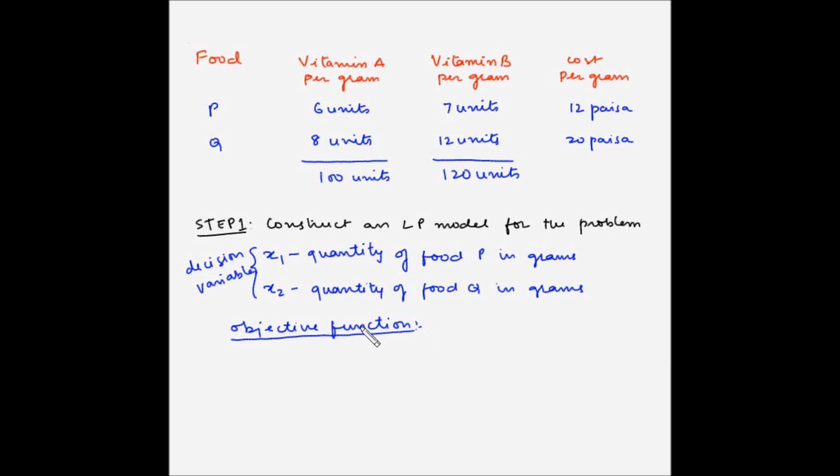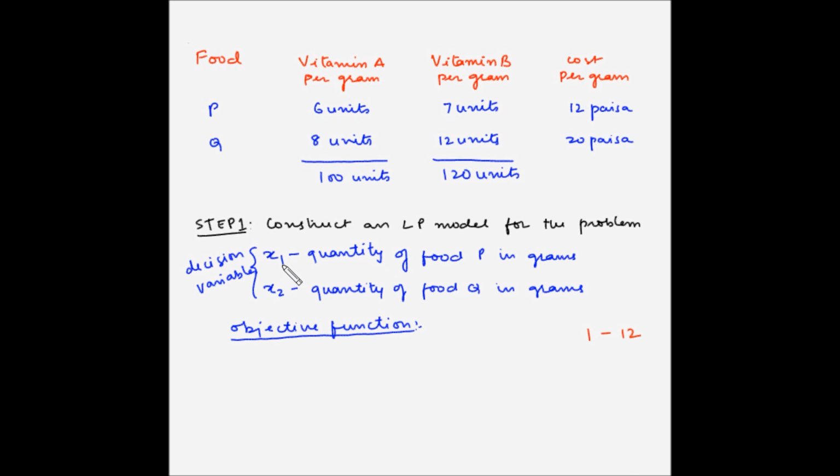So here the objective is to minimize the cost of the product mix. Now for 1 gram of food P, the cost is 12 paise.